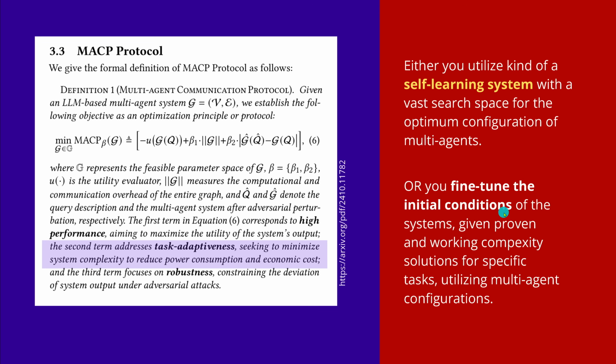So invest some thought into the initial condition that you give the system to start from, and the better your start conditions are, the better you will see the working solutions for a specific task, utilizing your multi-agent configuration and your new communication protocol.